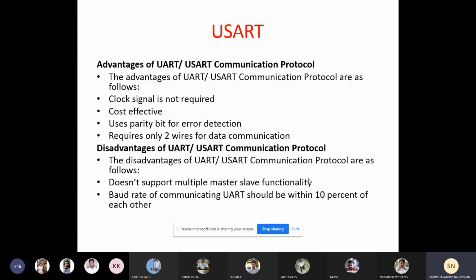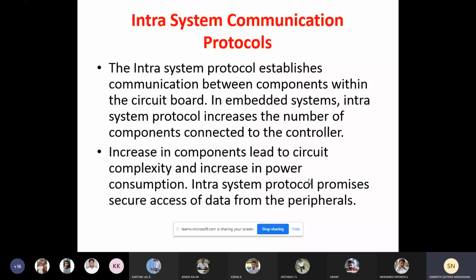So in order to overcome these types of drawbacks, we go for intra-system communication protocols, but intra-system is limited to devices communicating only on board. So intra-system communication protocol establishes communication between the components within the circuit board itself. In an embedded system, there may be multiple devices or multiple ICs.